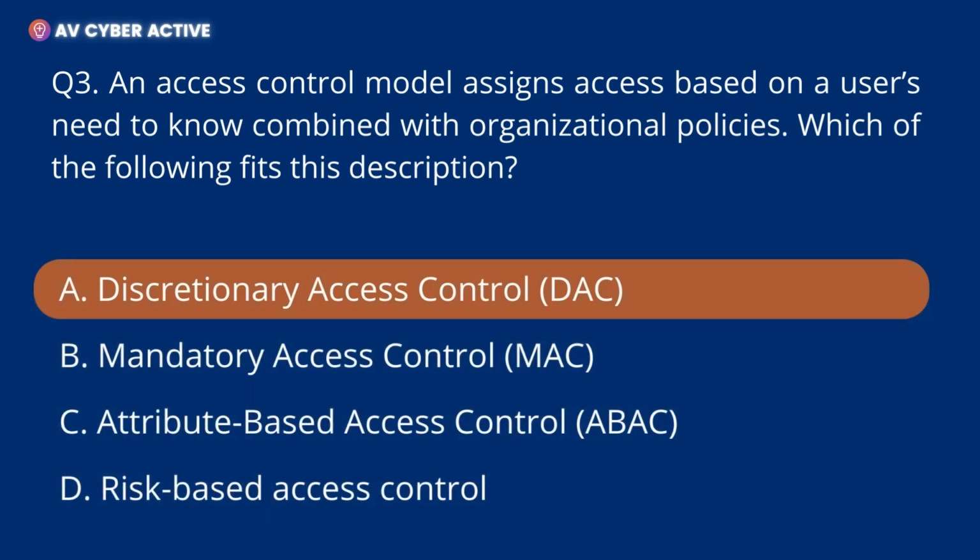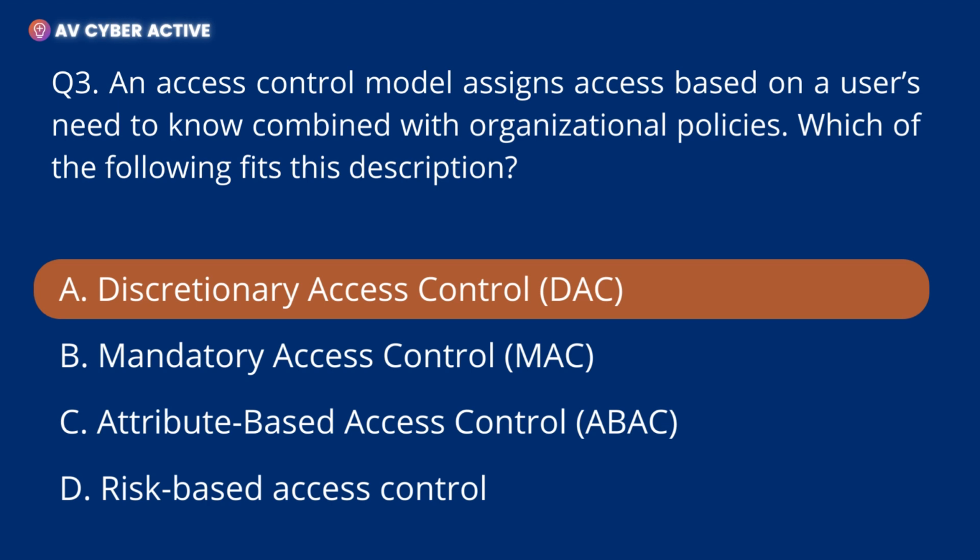All right. Let's go through the options now. Option A, discretionary access control. What's discretionary? If you are the owner of the pencil that you're holding, or the mouse, or the cell phone that you're holding, it's in your discretion to share it or not.